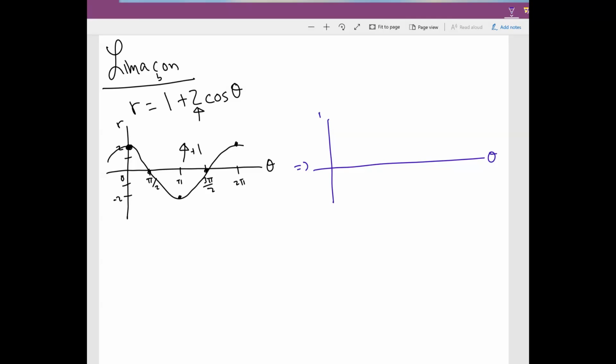Here's theta and here's r. Shifting 2 up 1 unit, I'm going to be at 3. At pi over 2, from 0 up to the next one, I'm going to be at 1.